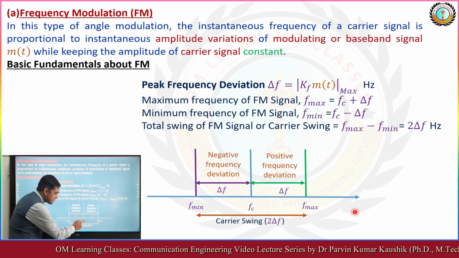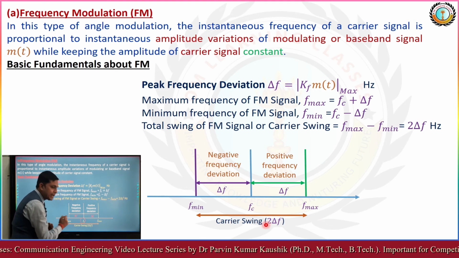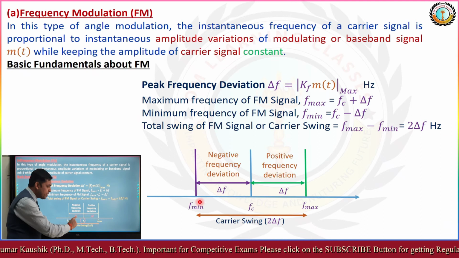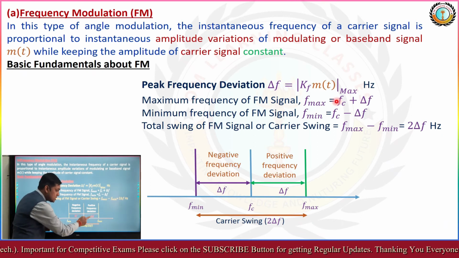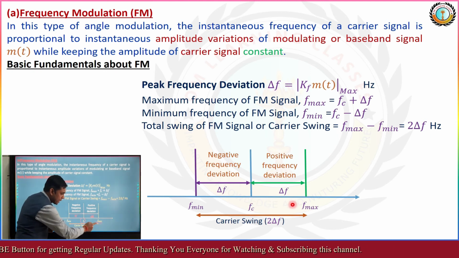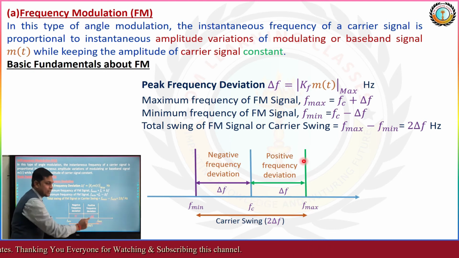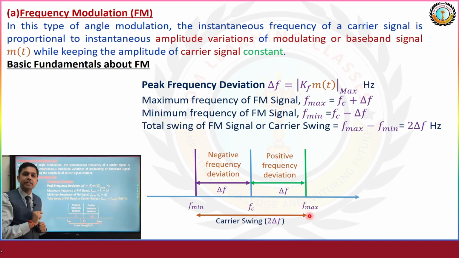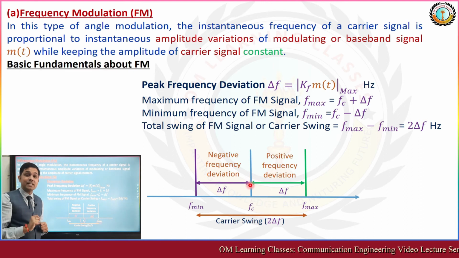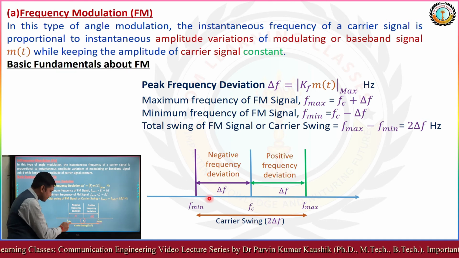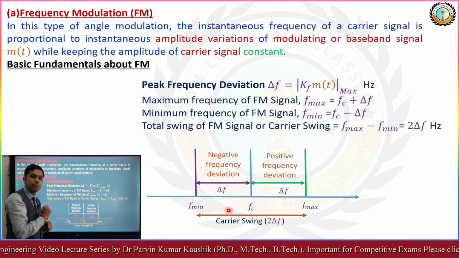First we consider the unmodulated carrier frequency, that is your fc, and by doing the increment of frequency deviation that is equivalent to delta f, we get the f maximum. So, fc plus delta f is equivalent to f maximum. Similarly, we have the decrement in the unmodulated carrier frequency by considering the frequency deviation, that is delta f. So, fc minus delta f becomes equivalent to f minimum.